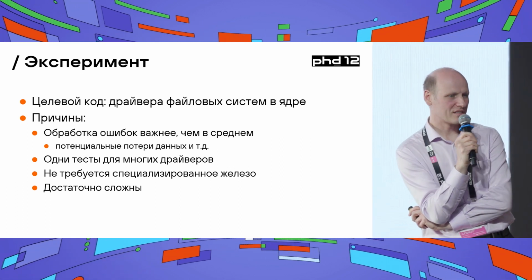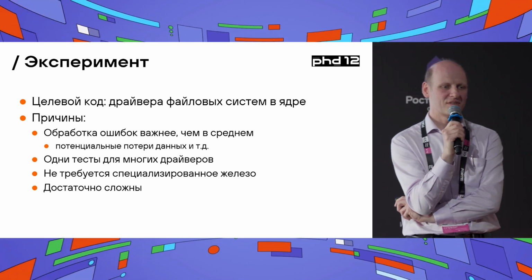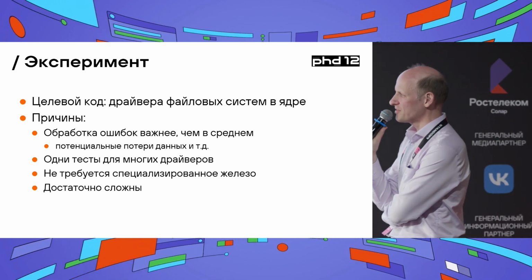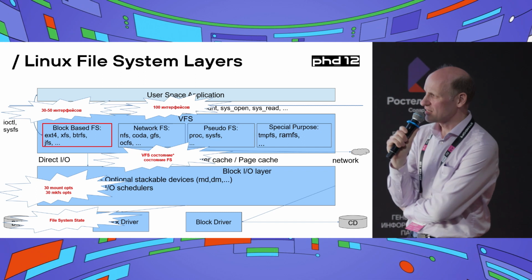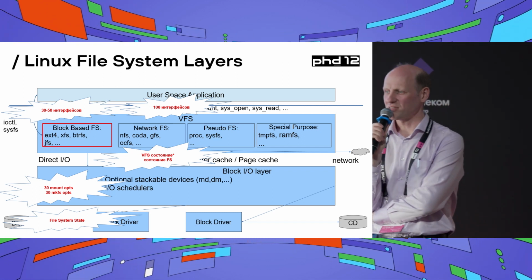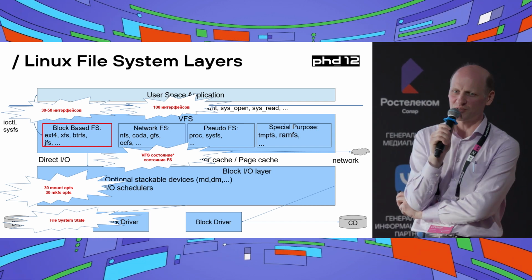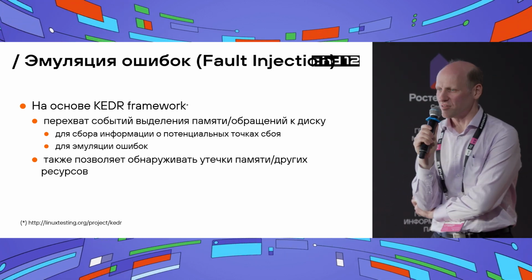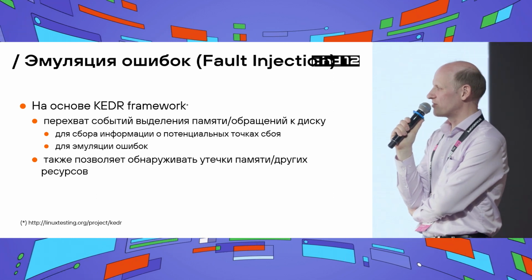But the only mode that was supported was random error generation that we had some concerns with, because we didn't want to rely on a random process. We wanted to come up with something more systematic. As a target object, we selected the file systems and we tried to work with them because that was simpler, and also it turned out to be quite useful.